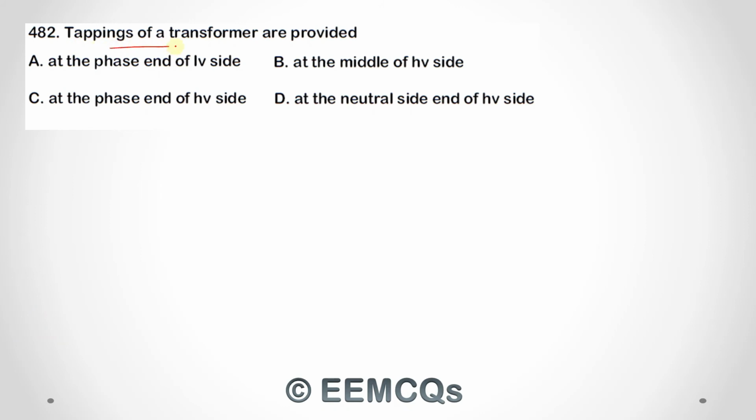Now let us take the next question. Tappings of transformer are provided at the phase end of low voltage side, at the middle of high voltage side, at the phase end of high voltage side, or at the neutral side end of high voltage side. Definitely we know that tappings in a transformer are generally provided at the high voltage side. Why?